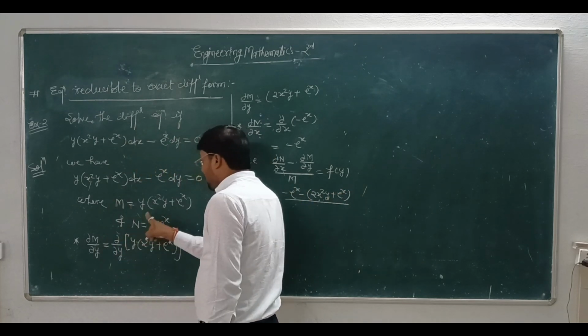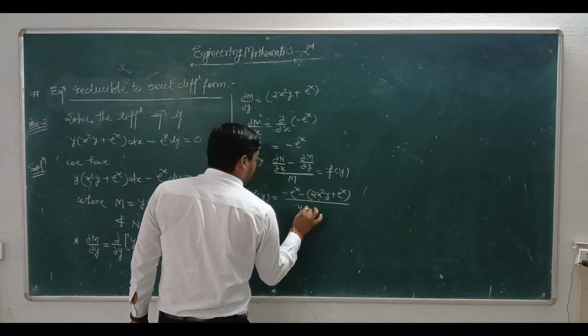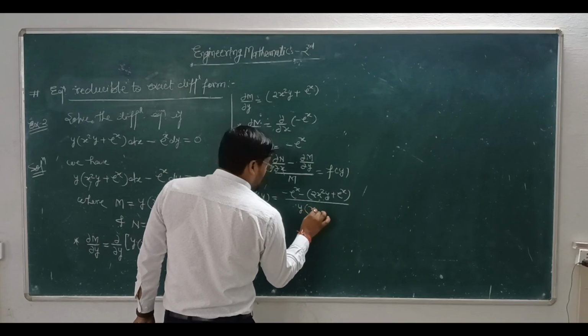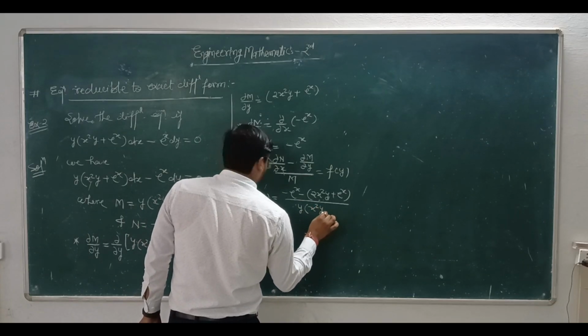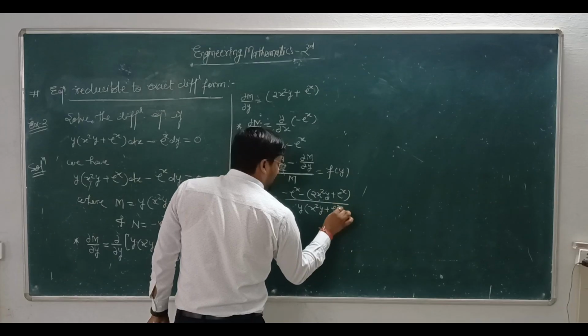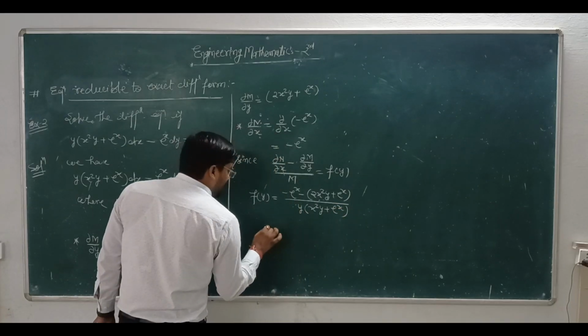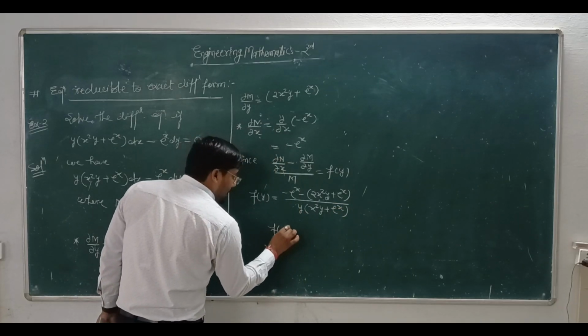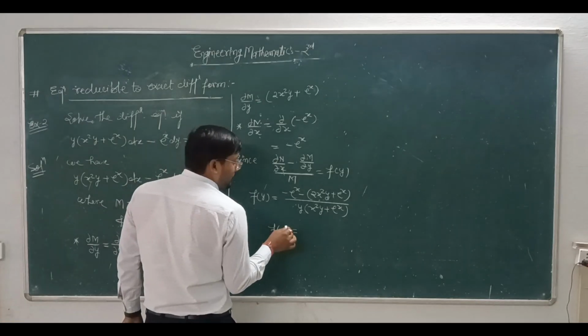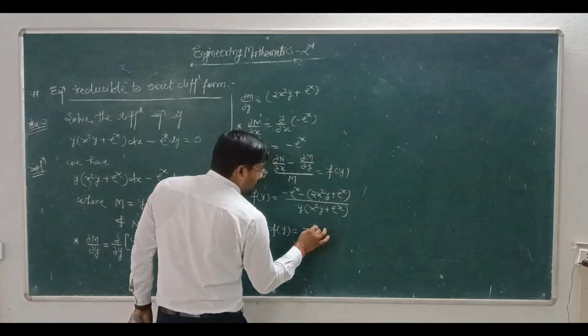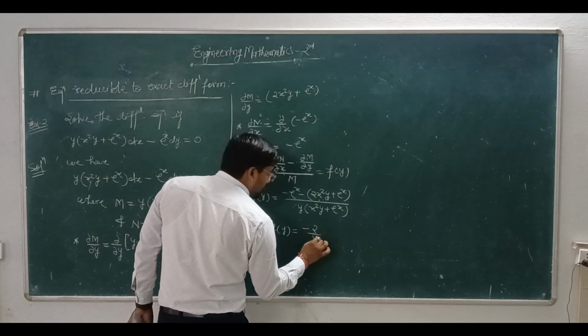This is the value of m: y(x square y plus e to the power x). Now you can write f(y) is equal to minus 2 upon y.